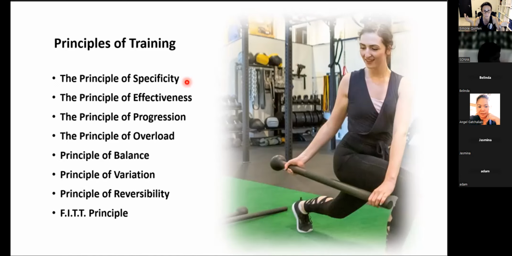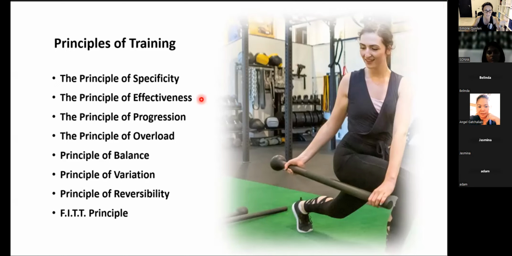There's no point giving them the exercises you would usually program for someone who wants to become a good soccer player, like plyometrics or whatever. So it needs to be specific to the needs and the goals of your client, and specific to the muscles needed in that specific sport.